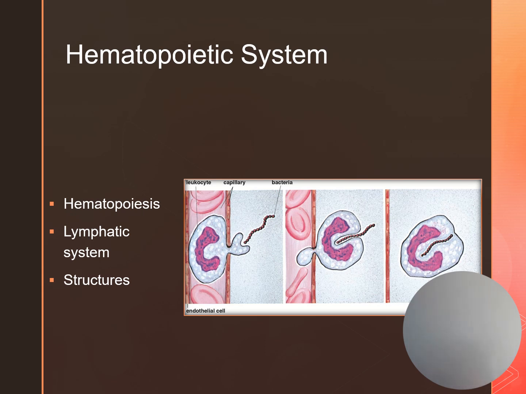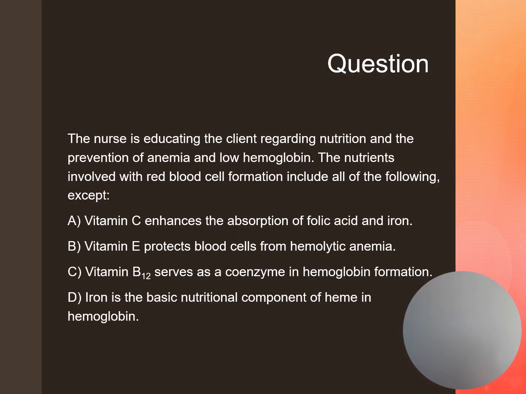Albumin is considered the most abundant protein in the body, and it helps maintain osmotic pressure. Globulins will help prevent and modify infections, while fibrinogen helps form blood clots.